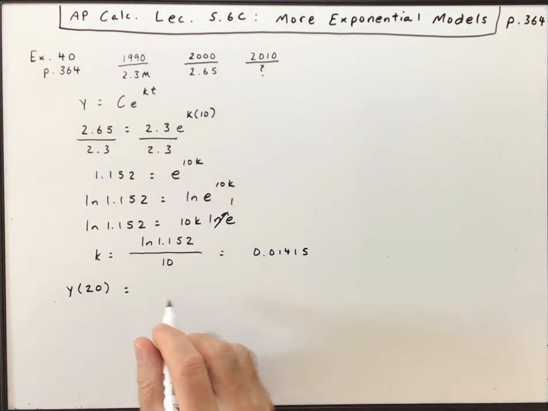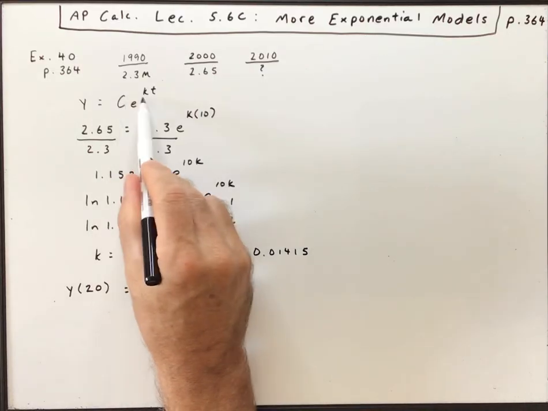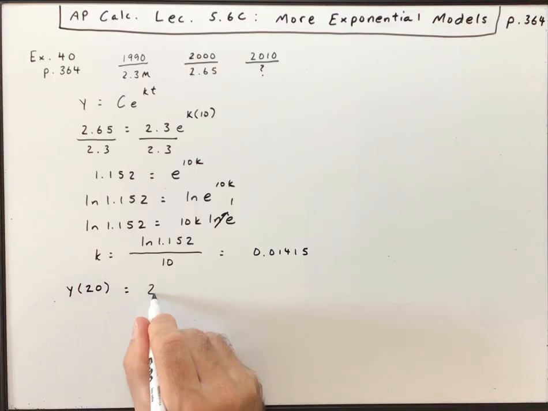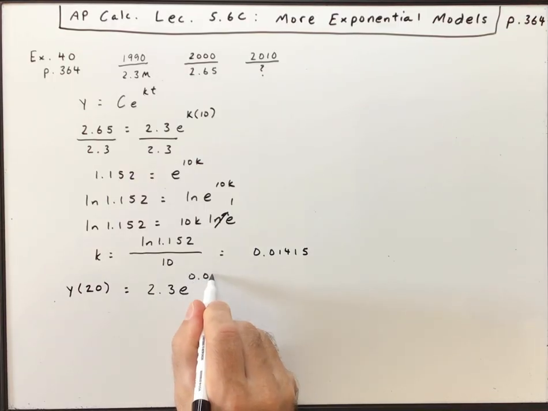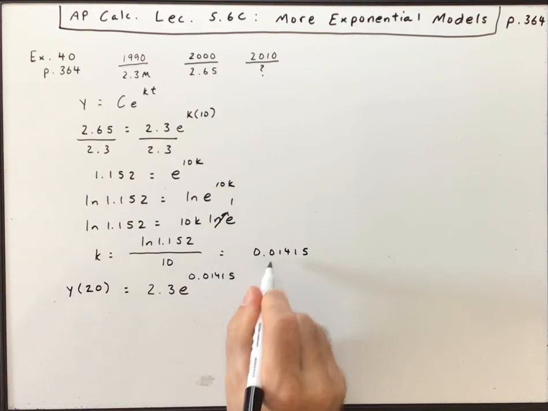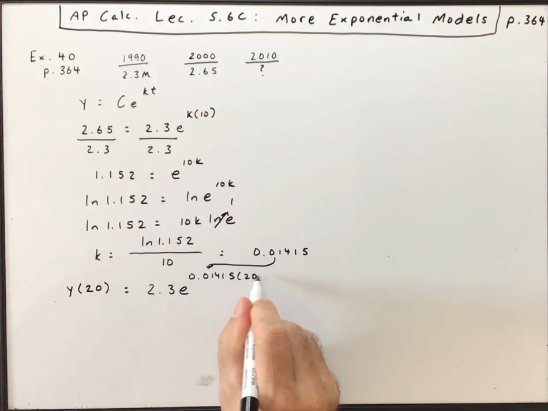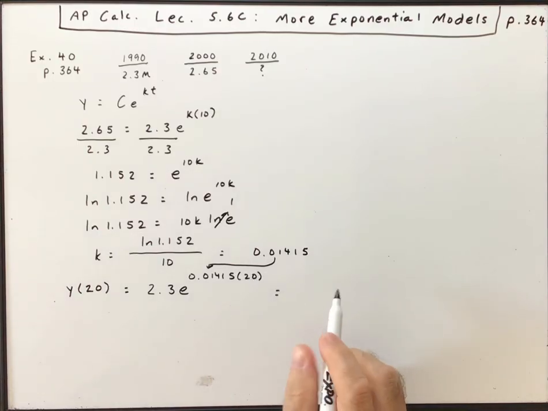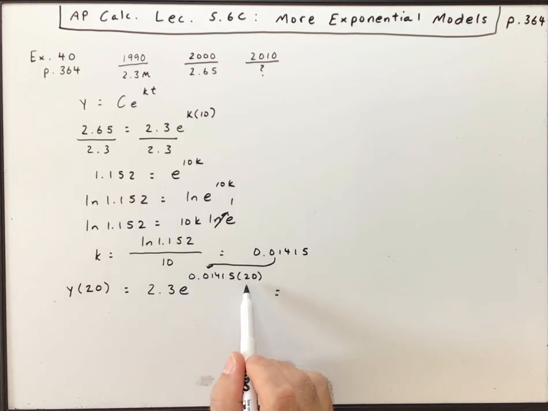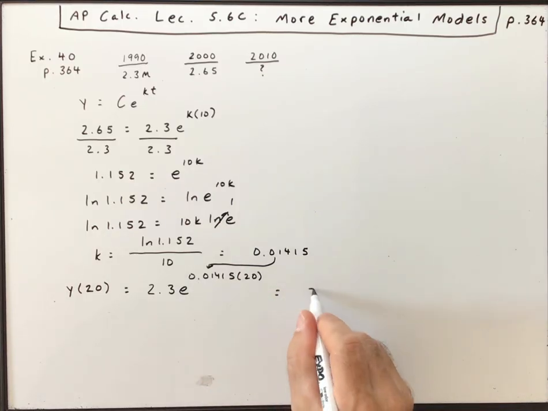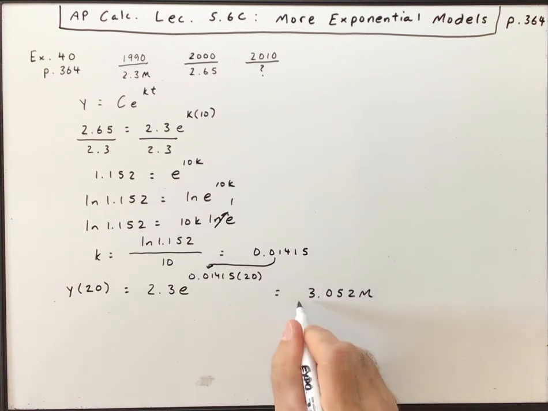So y of 20 is going to be the initial population, C, 2.3, times e to the 0.01415, which we just figured out is k for this model, times 20. So 2.3 times e to the 0.01415 times 20. If you put that in your calculator, you'll get 3.052 million.